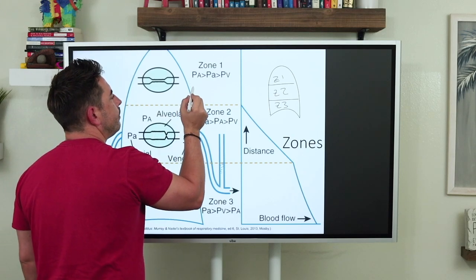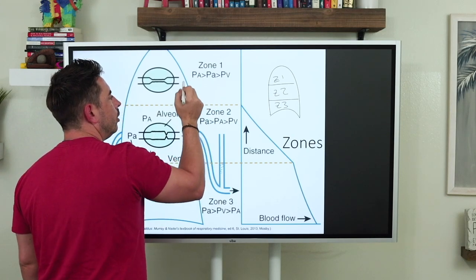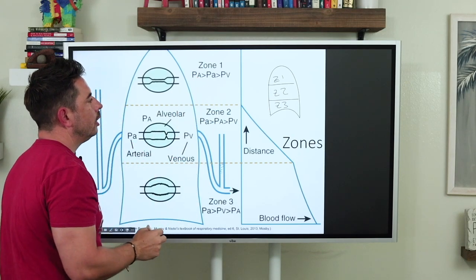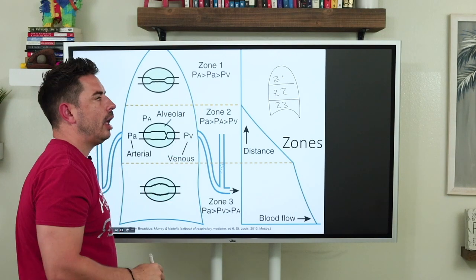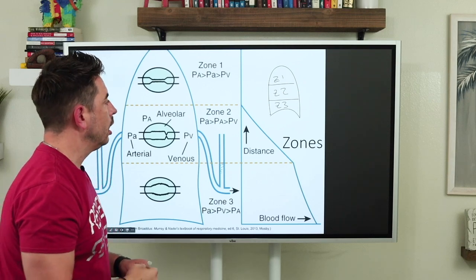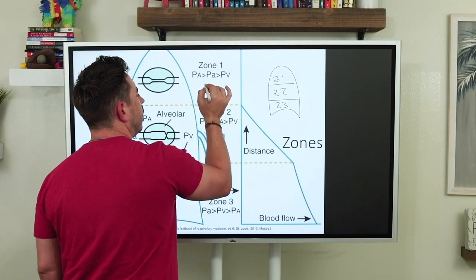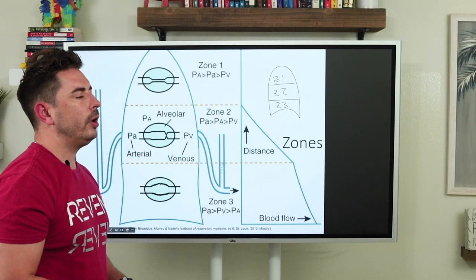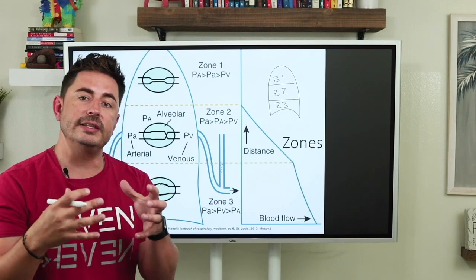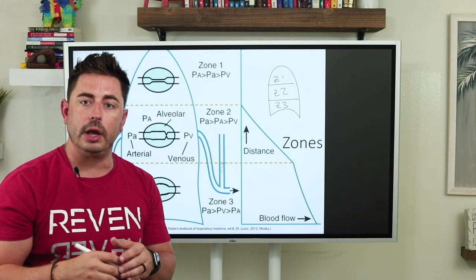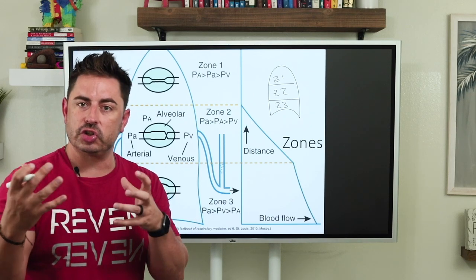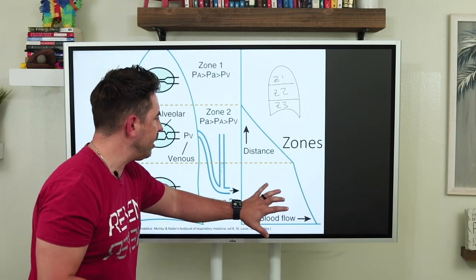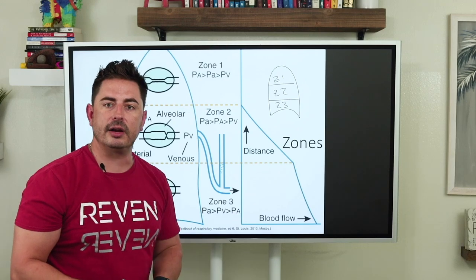When we look at the alveolar pressure, we have a higher pressure of alveolar oxygen than we do arterial oxygen. So what that means is we're going to have an increase in ventilation in zone 1 and a decrease in perfusion. I don't have much circulation going on there because all of my blood flow is going to be down here in zone 3.